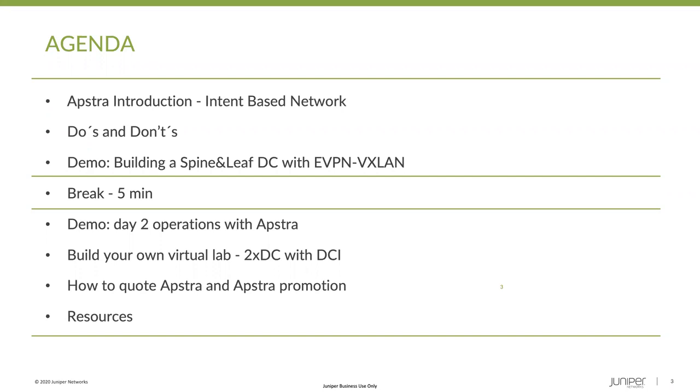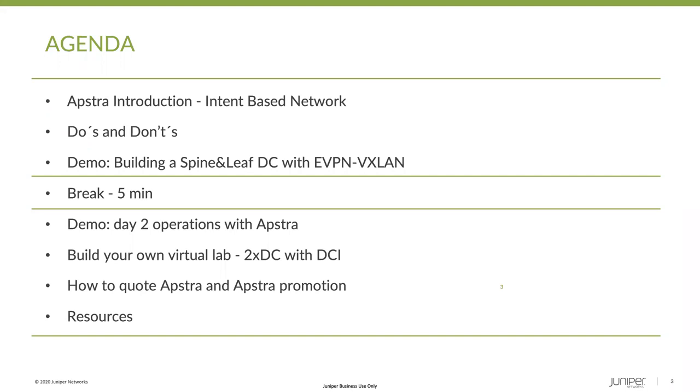Then I will start off with the first demo showing how to build a spine leaf network from scratch using resources within JCL before the break. And after the break, we continue doing some more day 2 operations, meaning troubleshooting in spine leaf, using the same setup as before the break. And then continue with something that is quite useful if you want to have your own virtual lab on your own premises, installed on your preferred server.